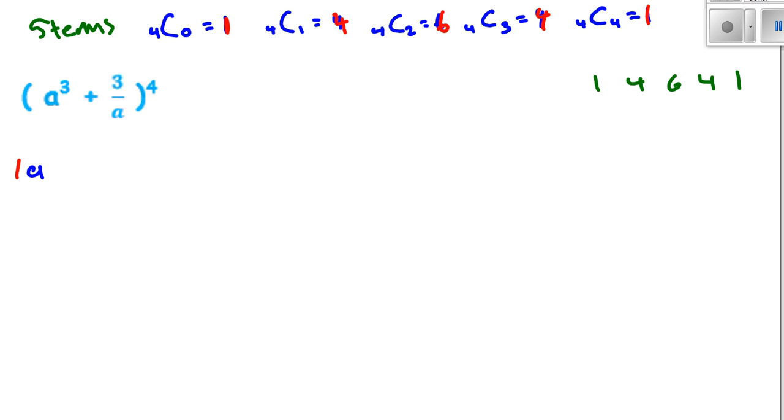Oops, I was just about to write a cubed because I'm used to things just being a power of a, but would you agree it's a cubed all to the power of 4? Be careful of that, because you're so used to just seeing things to a power, so you can think, oh, that's it already. It's a cubed to the power of 4. And it's plus this time again, so that's nice. Everything's added.